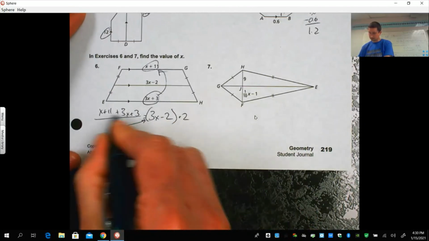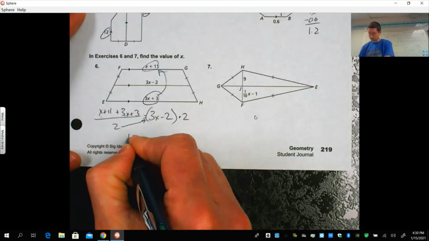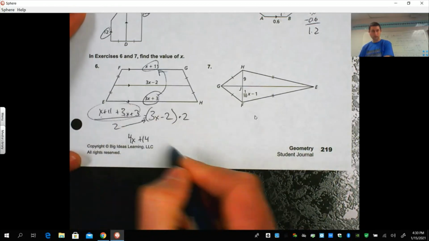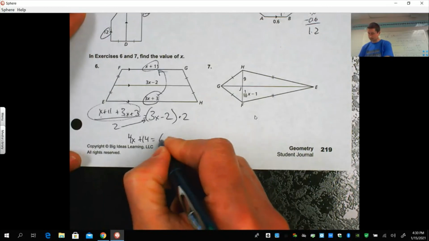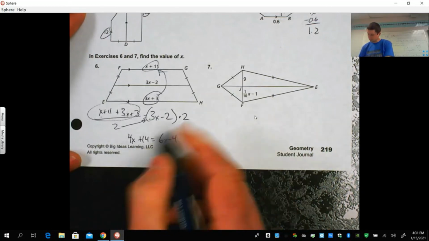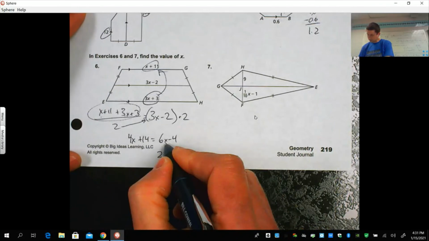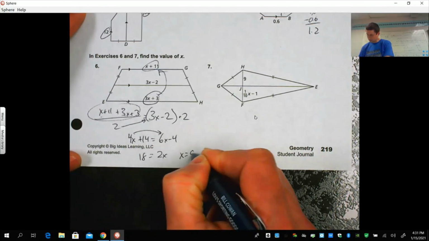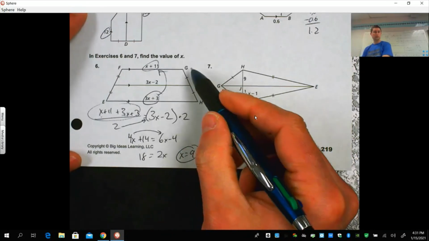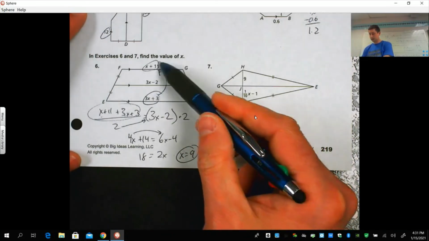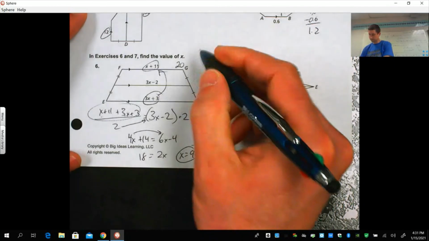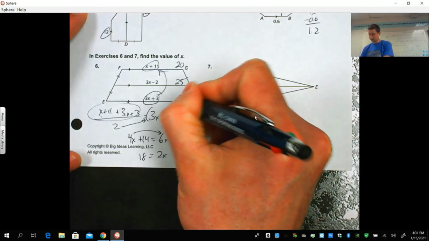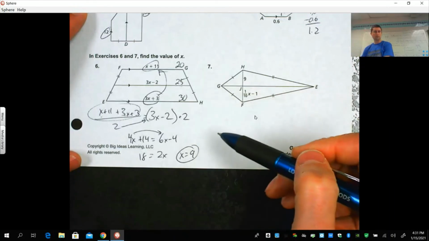I'm going to combine this left side as well. x plus 3x is 4x, so 4x plus 14 has to equal 6x minus 4. So minus the 4x over, add the 4, so 2x equals 18, x equals 9. So x equals 9, that's what they want. You can plug it in and they should equal that. That would be 20. This would be 25, and this would be 30. So that would all work out. It's all the same distance.